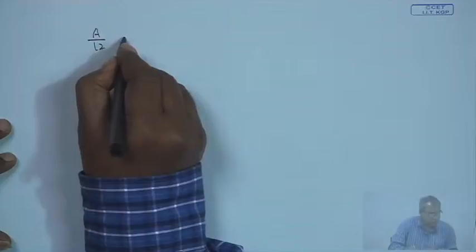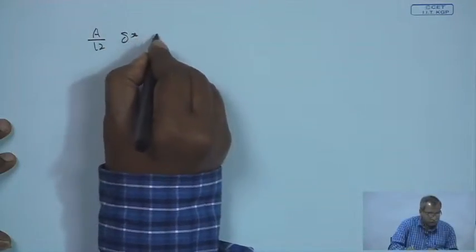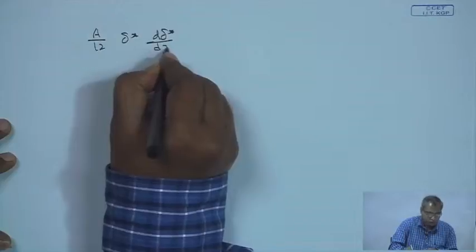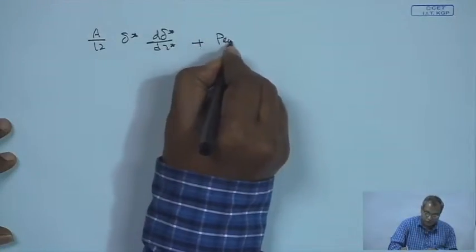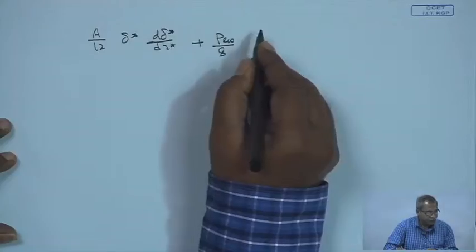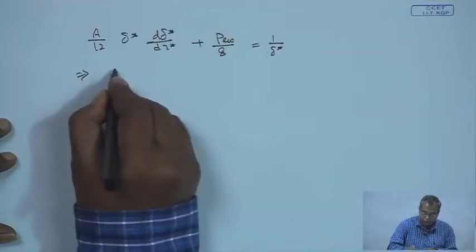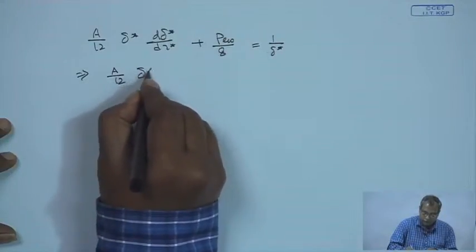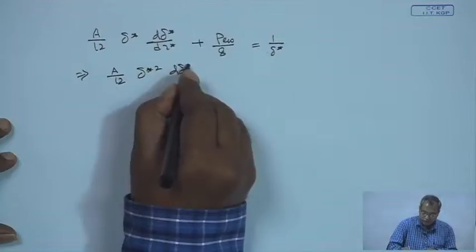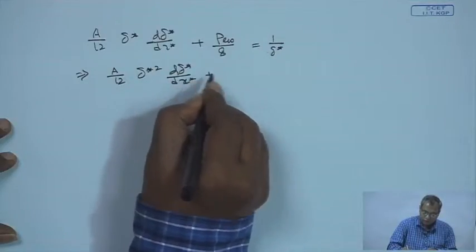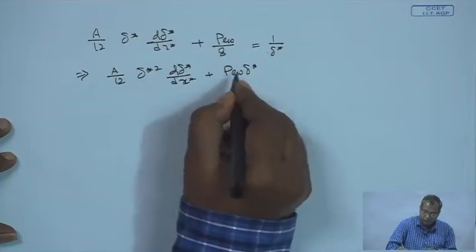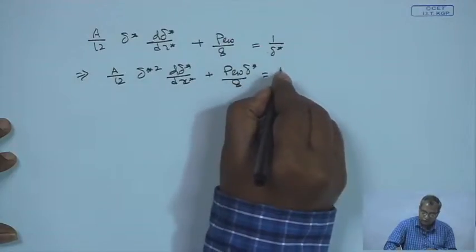Now, after this, what we will be getting is A delta star A by 12 delta star d delta star dx star plus P w by 8 is equal to 1 over delta star, and ultimately you will be getting A by 12 delta star square d delta star dx star plus P w del star by 8 is equal to 1.